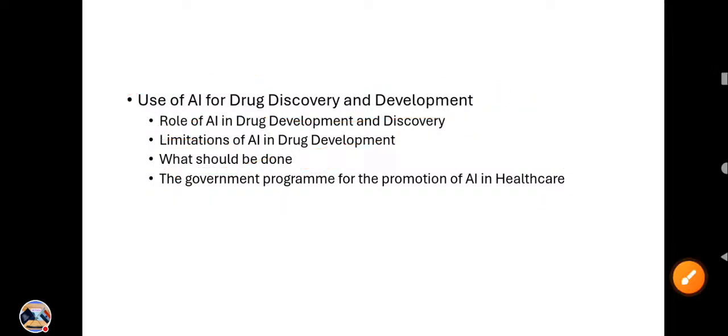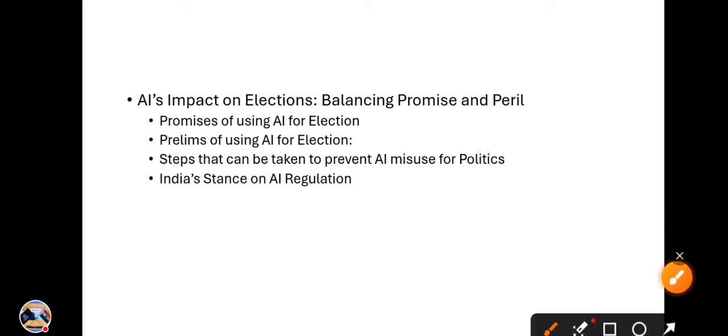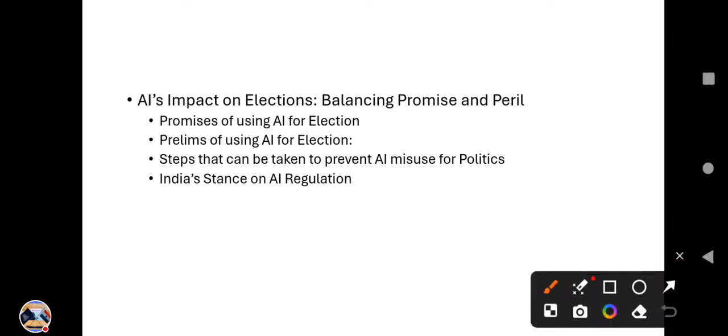Okay, and we are going to move to the next part, that is the artificial intelligence impact on elections, balancing promise and peril. Okay, so artificial intelligence impact on elections.